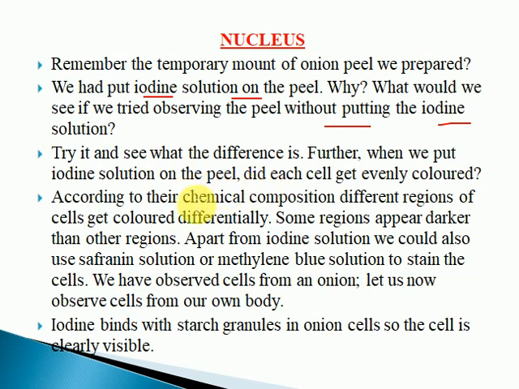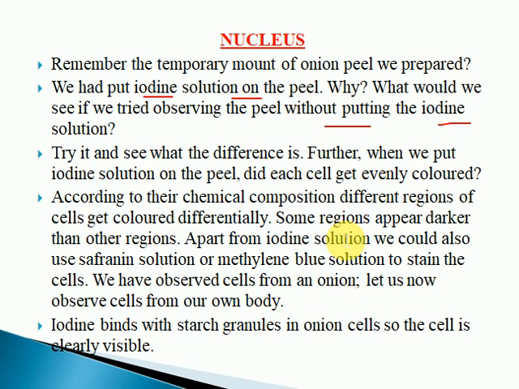Further, when we put iodine solution on the peel, did each cell get evenly colored? According to their chemical composition, different regions take up the color differently. See, the cell gets colored if we put a stain on it, for example iodine, and the different regions of the cell take up the color differently. Some regions appear darker, some other regions appear lighter.